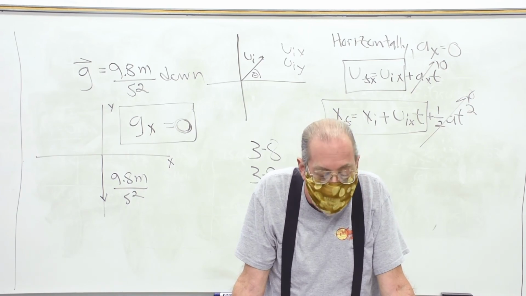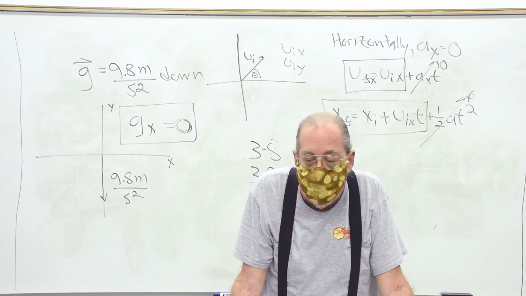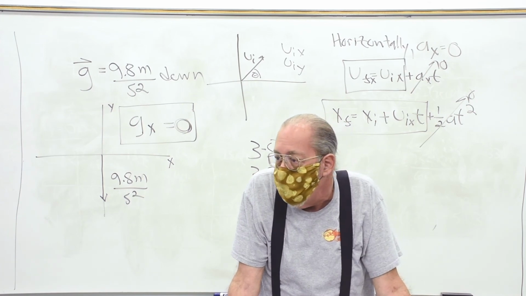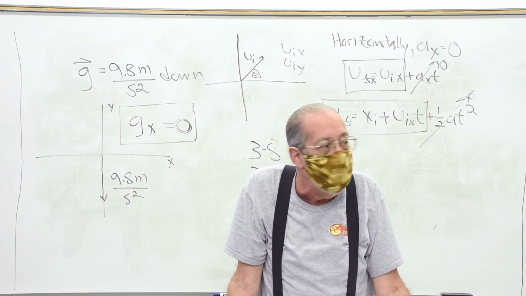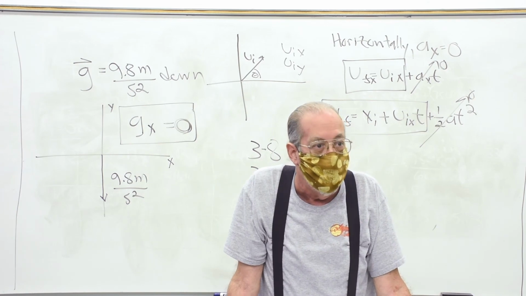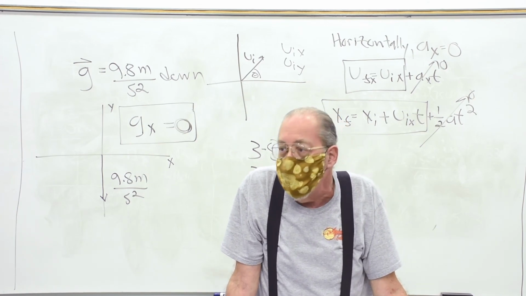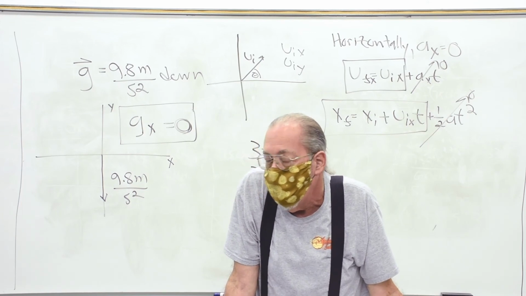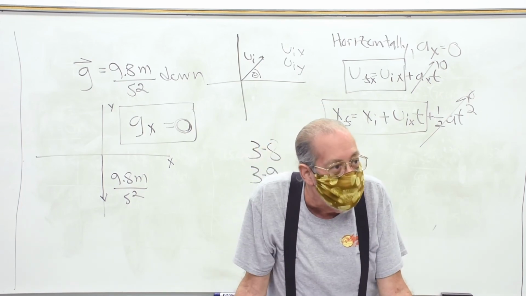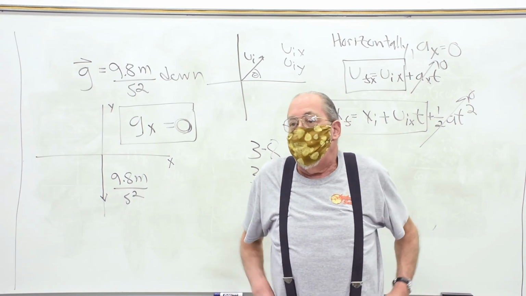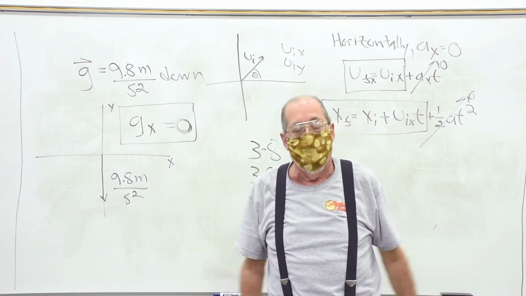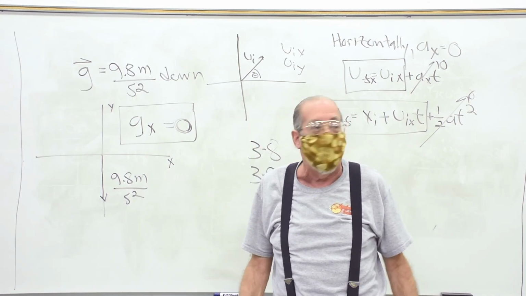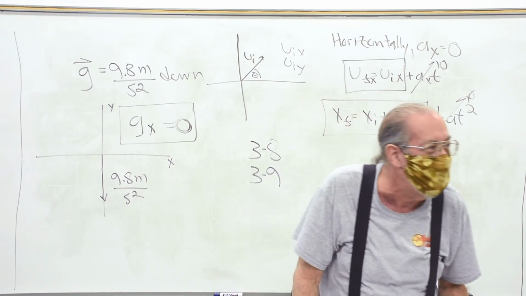If you're out among other people and you're closer than 6 feet, you need to wear a mask and you must cover your nose. If you don't cover your nose, you might as well not be wearing the mask. All right? If you don't do that, someone's going to get sick, we'll have a spike here, and then the whole live teaching will be shot. So pay attention to it, okay?